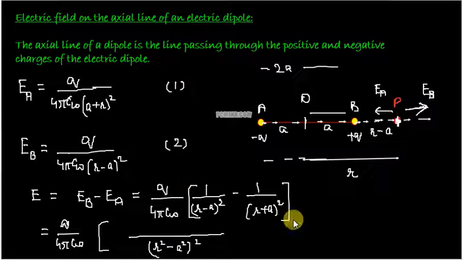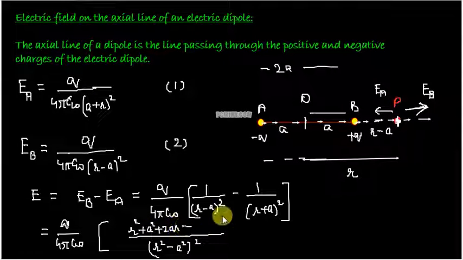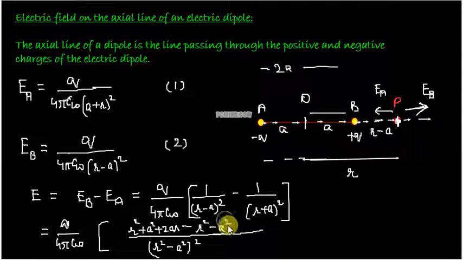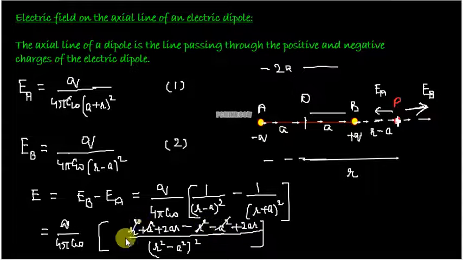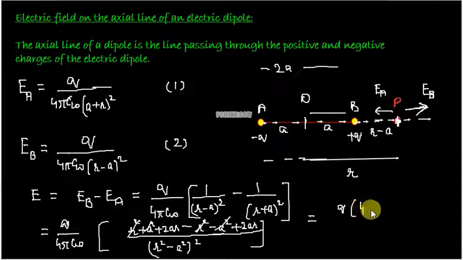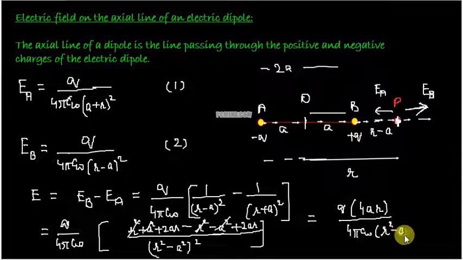In the numerator, (r plus a) whole square is r square plus a square plus 2ar, minus (r minus a) whole square, which is r square plus a square minus 2ar. The r square and a square cancel out, and the 2ar terms add. I'm just left with the expression Q times 4ar upon 4 pi epsilon naught into (r square minus a square) whole square.